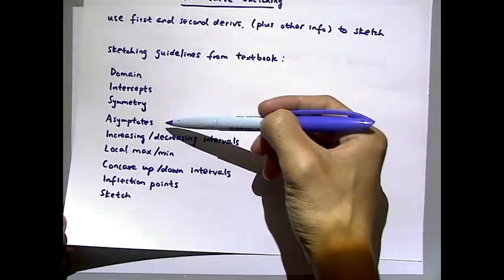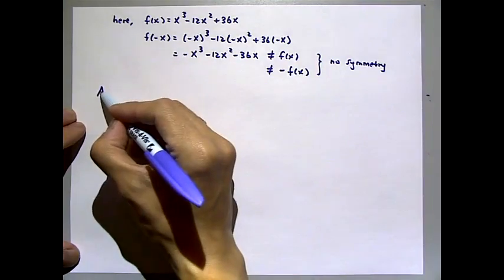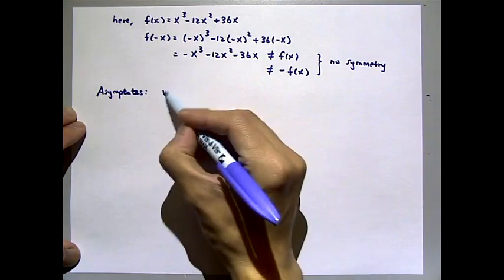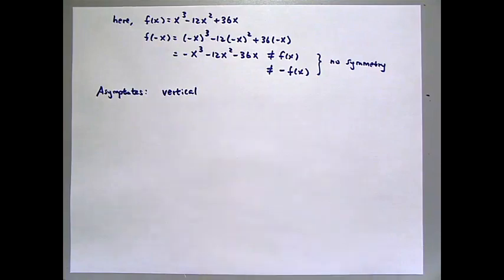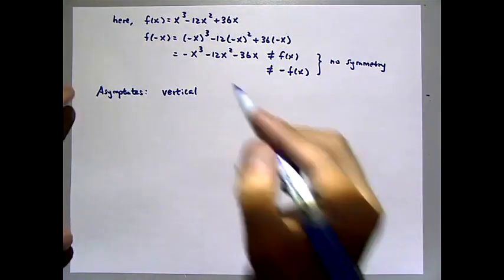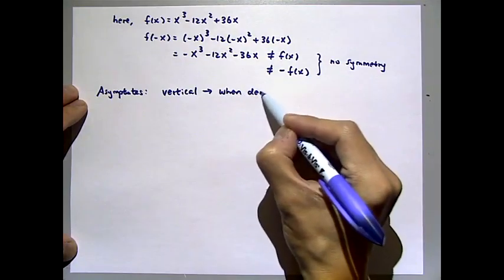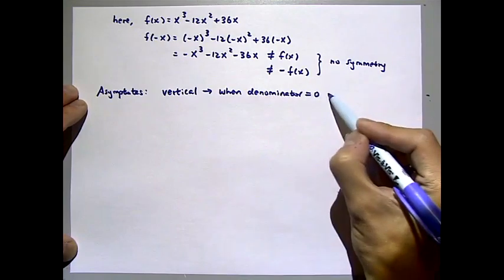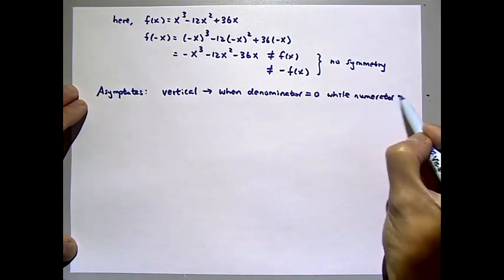Moving on to asymptotes. You remember, vertical asymptotes happen when the denominator is equal to 0, while the numerator is not equal to 0.